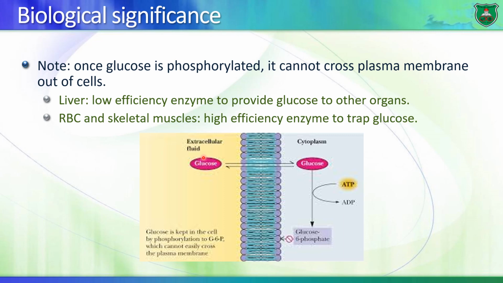On the other hand, in red blood cells and in skeletal muscles, for red blood cells the only source of energy is the phosphorylation of glucose to glucose 6-phosphate and its conversion into pyruvate, so the phosphorylation reaction of glucose has to be highly efficient so that glucose is trapped and can be used for production of energy. Get it?